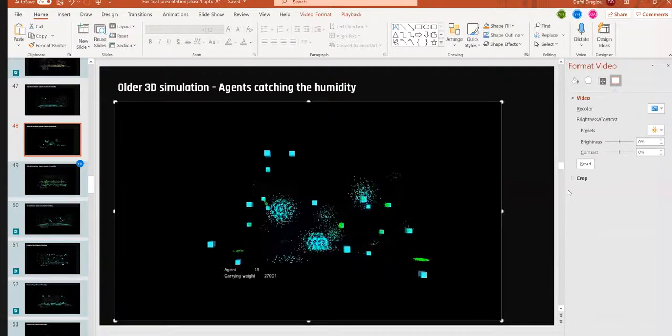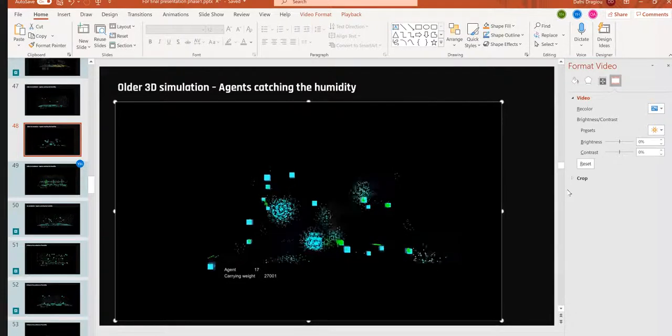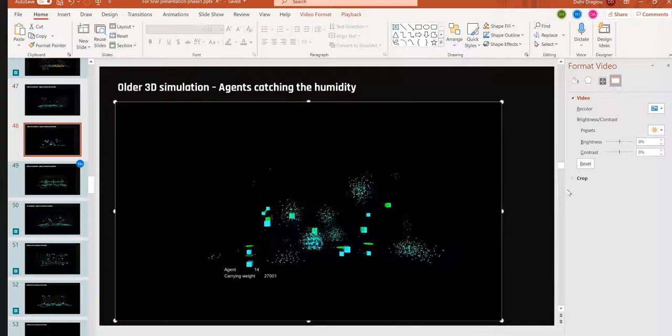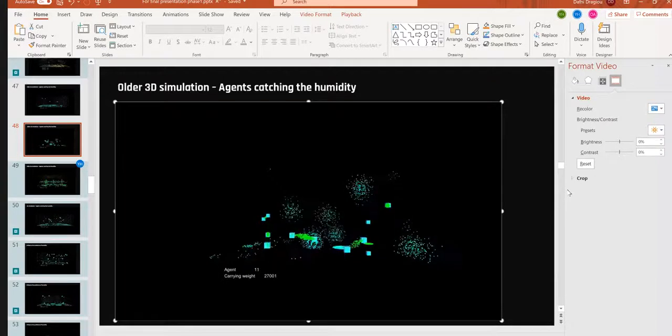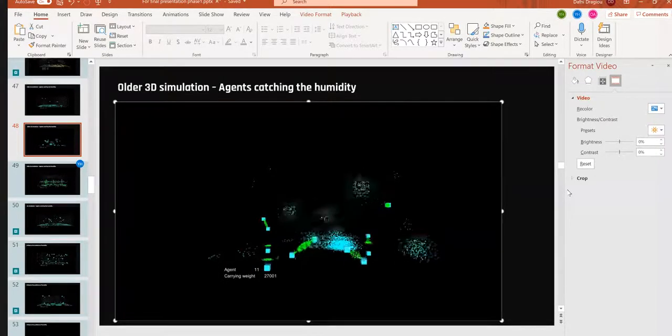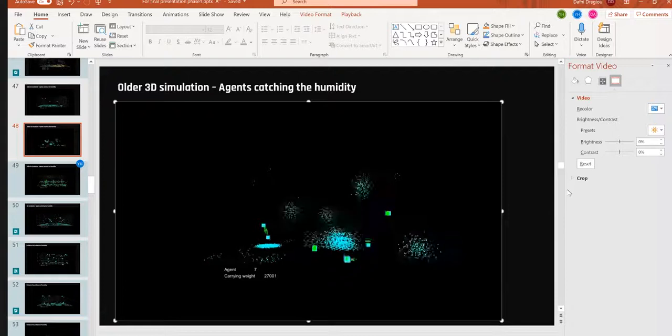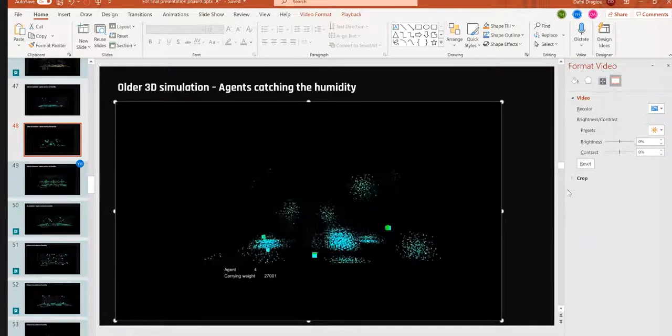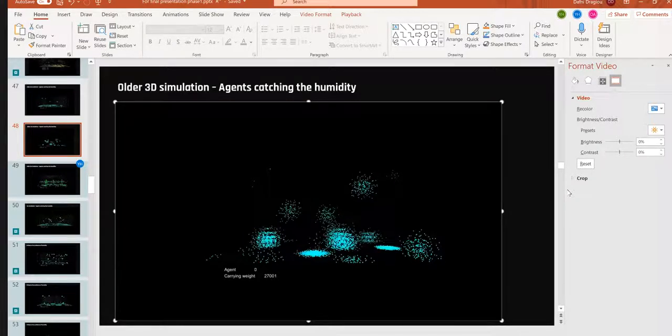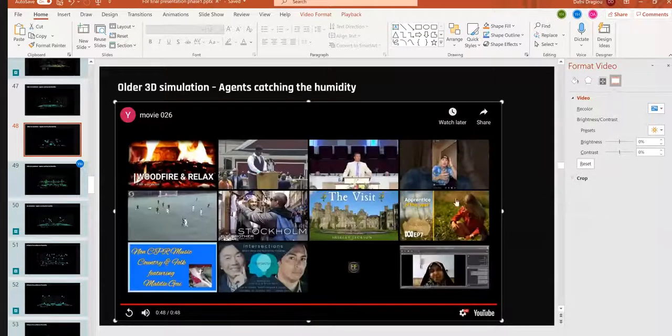But yeah, it does it in a very specific way, which is actually quite artistic and quite nice. But at the same time, it's not really referring to the physical forces and the physical flows.